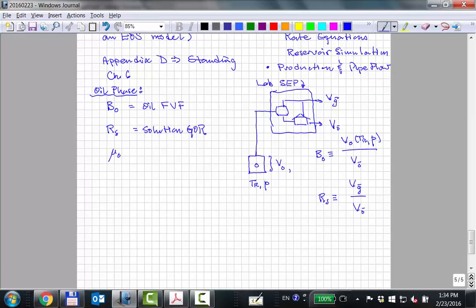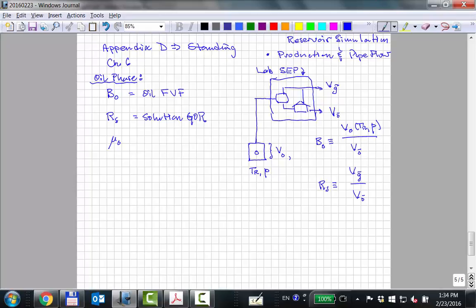But the lab sep experiment is of the original oil, right? Okay. But here we're talking about any oil at or below the bubble point. Okay?